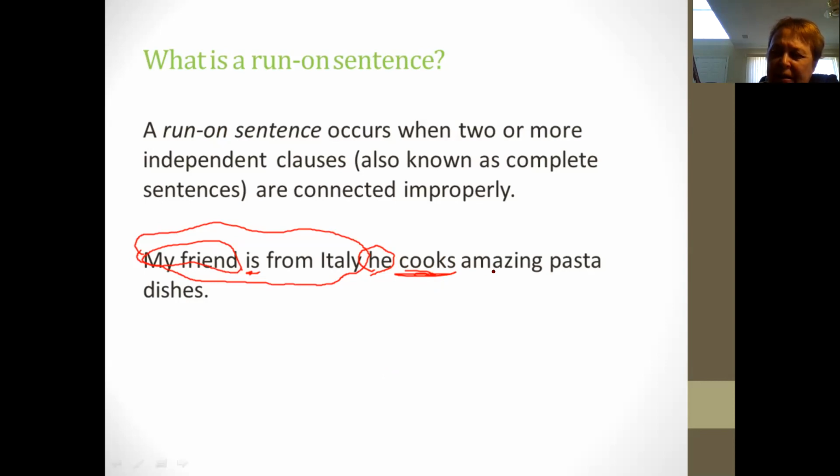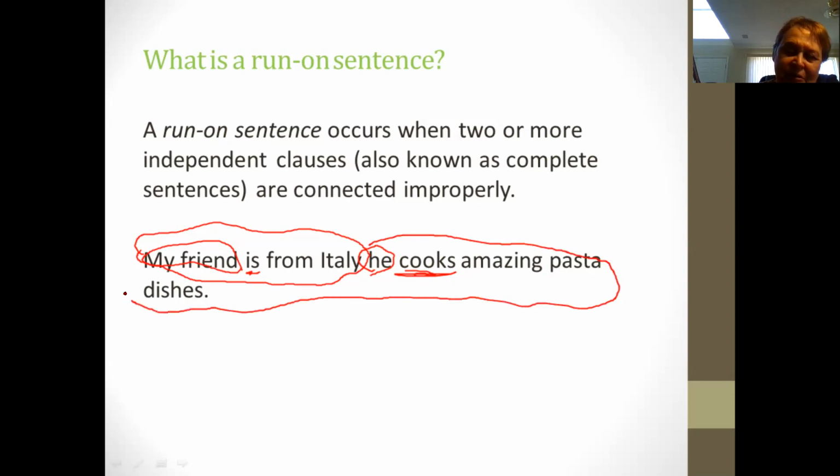But here it also gives us an object. It tells us what he cooks. He cooks amazing pasta dishes. So you see that second part there, and I'll try and circle everything in the second part. Can you see that is a second independent clause? So the fact that we have the two together is incorrect.